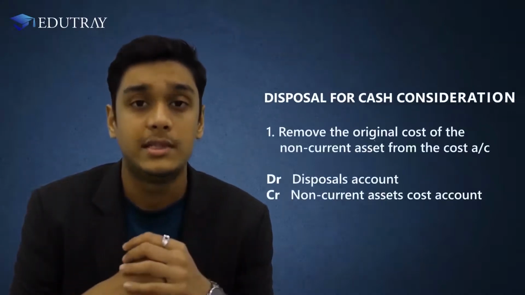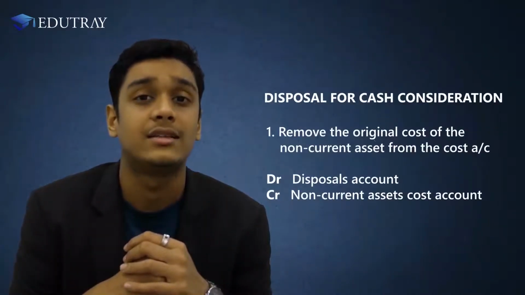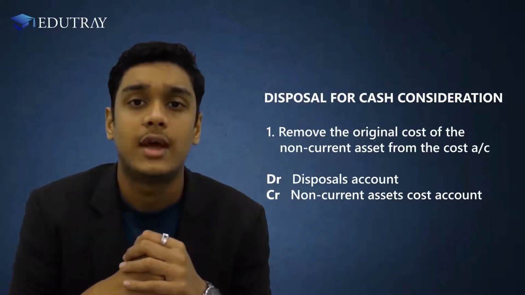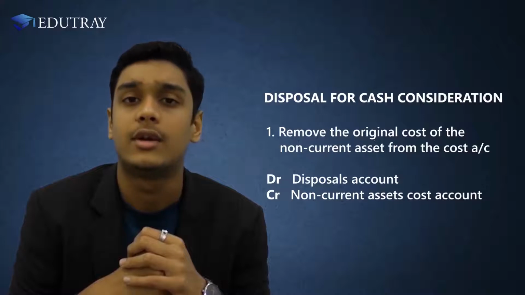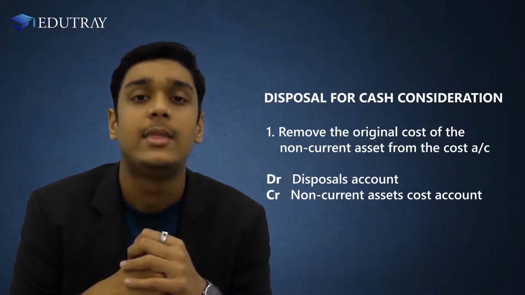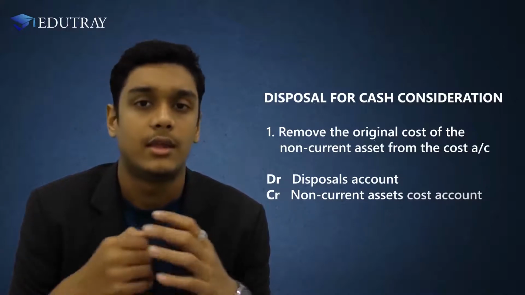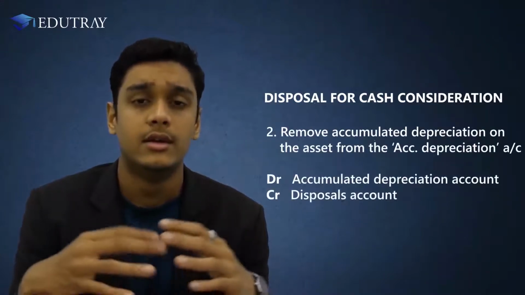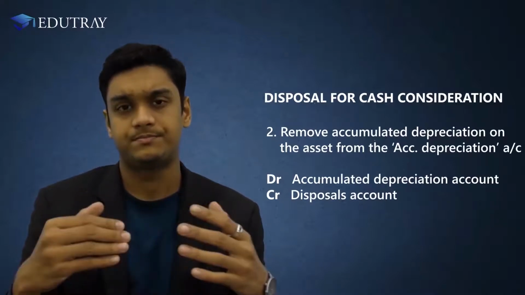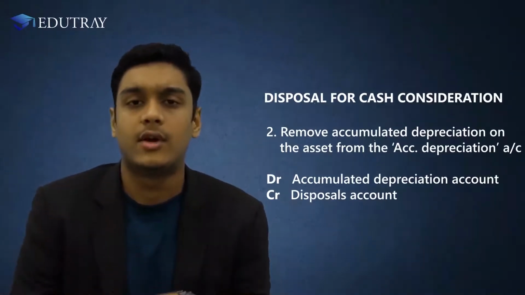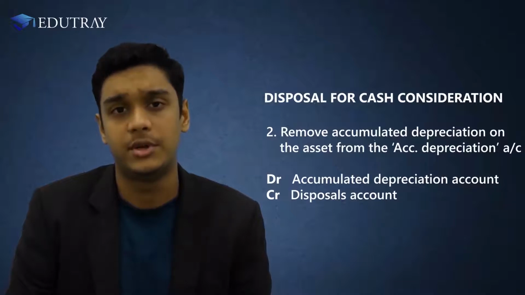Now guys, first of all, we'll understand the double entry. If you are disposing of a non-current asset, your assets will reduce in the business. So assets reducing is a credit transaction. So you would credit the non-current assets and you would debit the disposal T account. The next thing you would do would be taking out the provision for depreciation. Now guys, the cost of the non-current asset minus accumulated depreciation would give you the net book value.